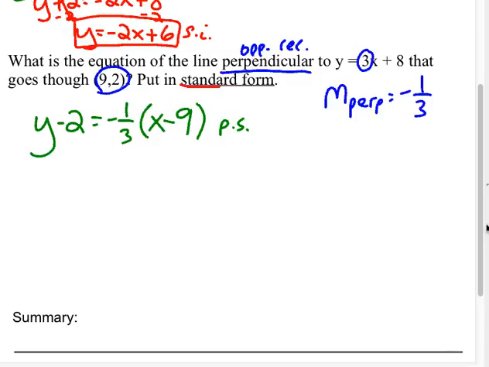But notice it wants it in standard form. Okay, so standard form means no fractions and x and y are together. Well, that also means no parentheses, really. So let's distribute that. -1/3 times -9. So basically -9 divided by -3. Add the 2 over.